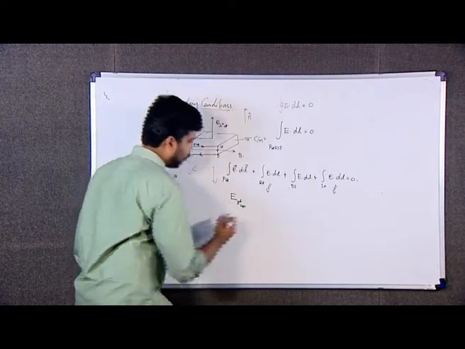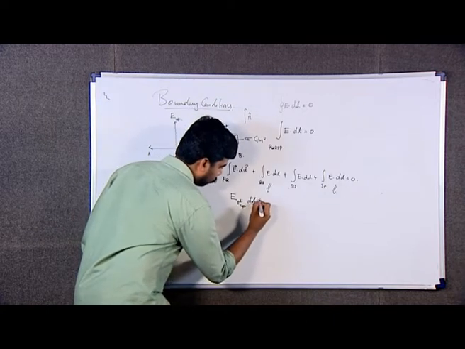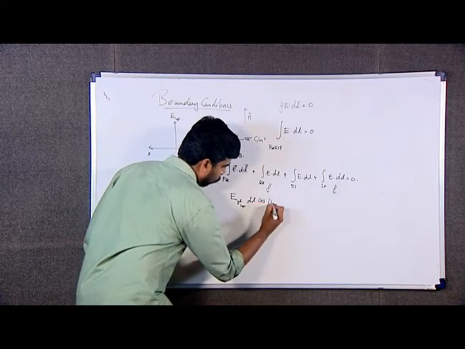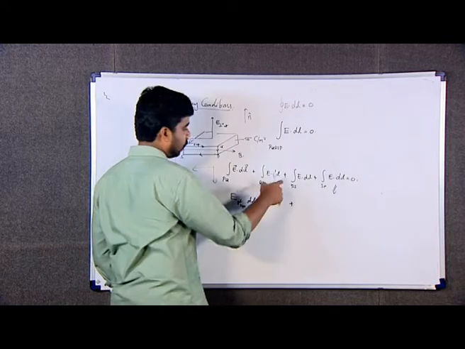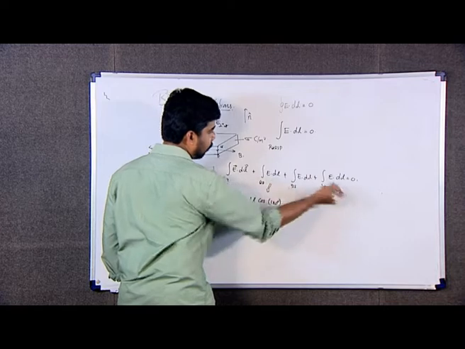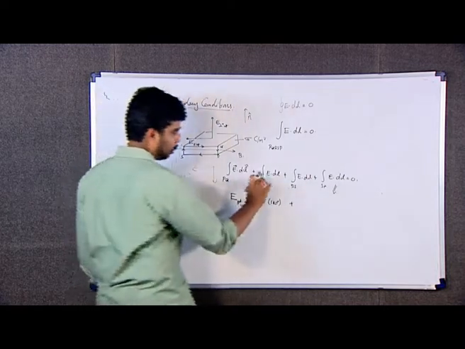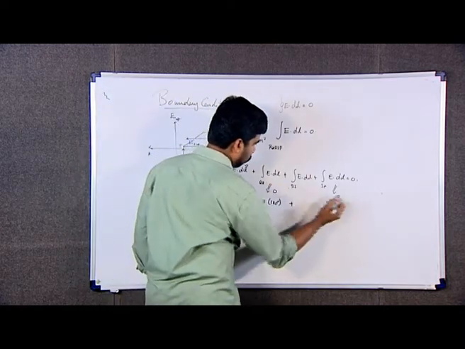So I can write it as dl cos 180 degree plus. The second and fourth integrals will become 0 because the thickness is very small, and this can be approximated to 0.